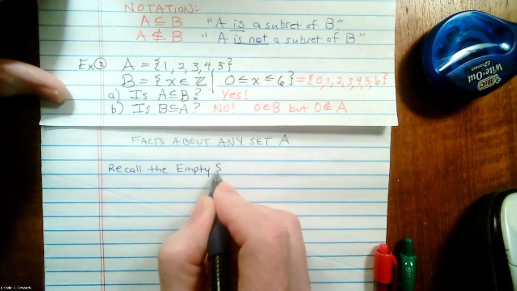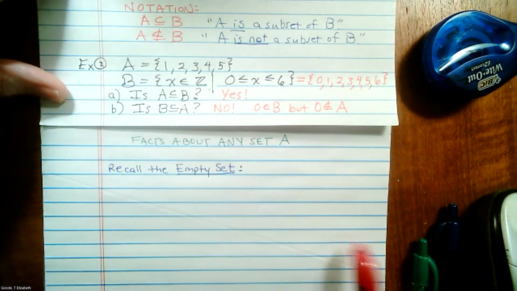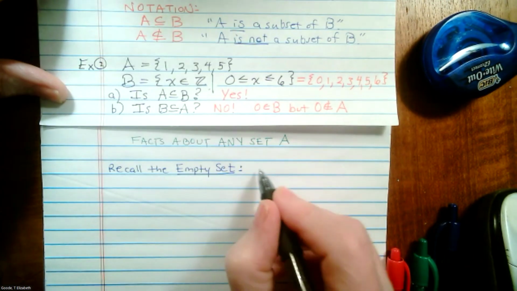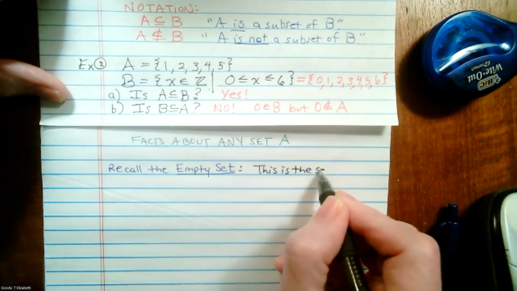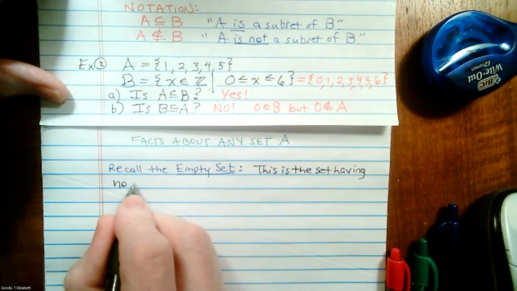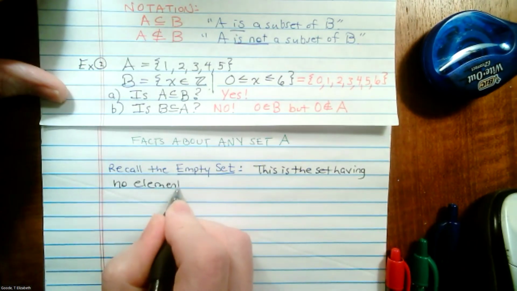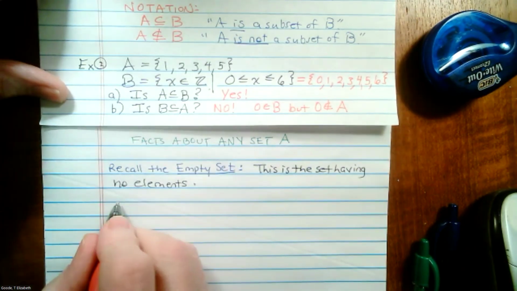The empty set has no elements. Okay. This is the set having no elements at all. And we have a couple of different ways that we can denote that.